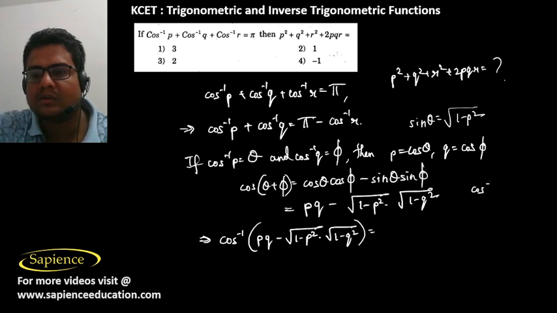Now we know that cos inverse of minus x, that is equal to pi minus cos inverse x.